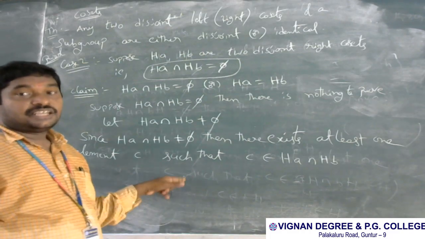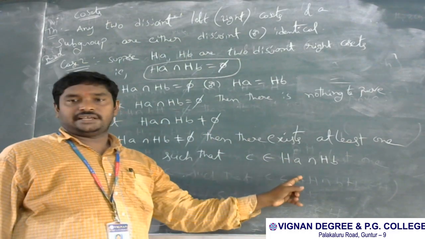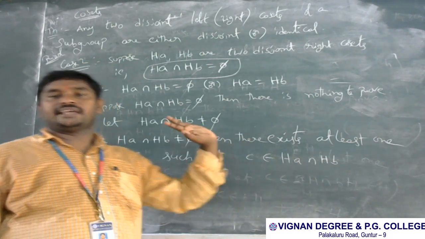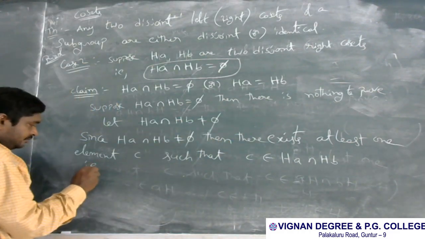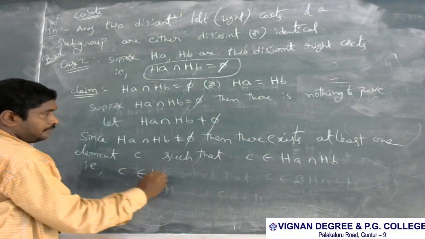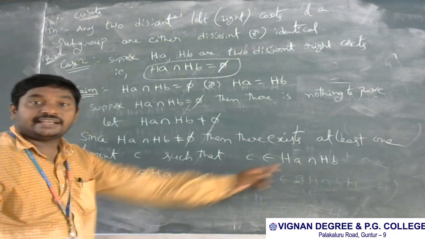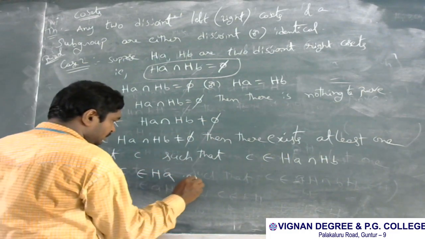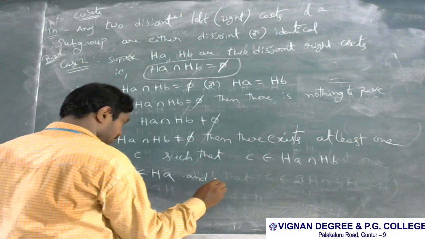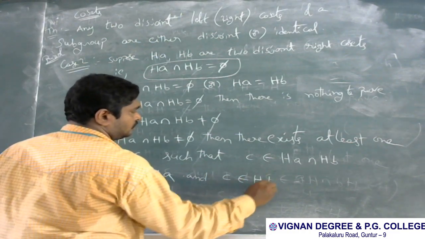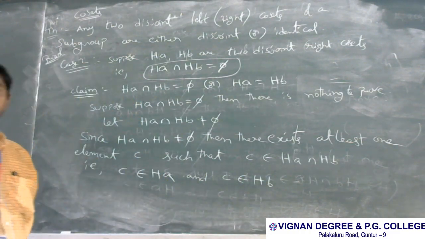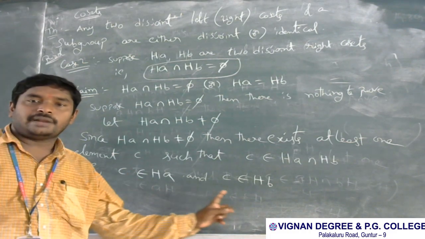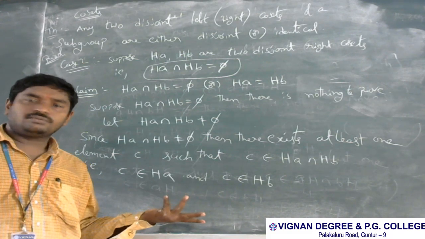It exists in Ha intersection Hb. That is, c belongs to Ha and c belongs to Hb. Why did we write and?